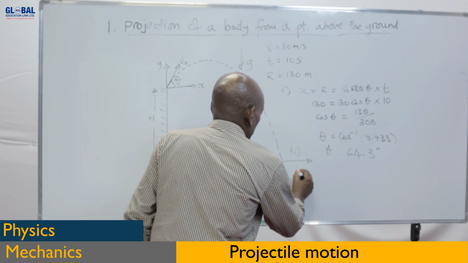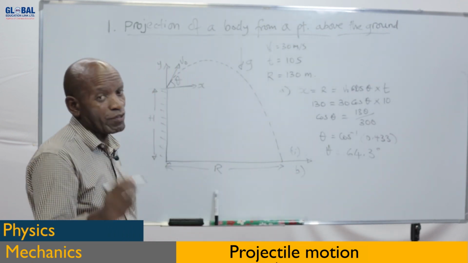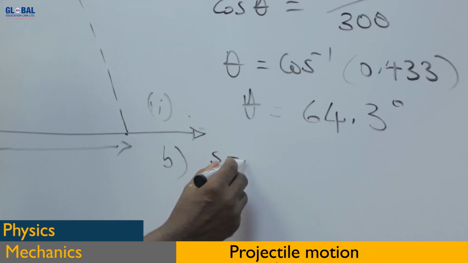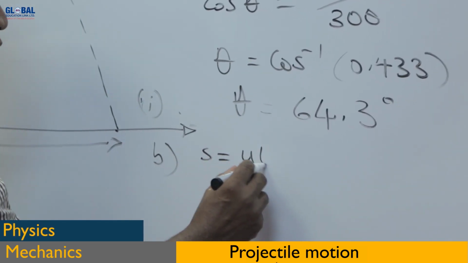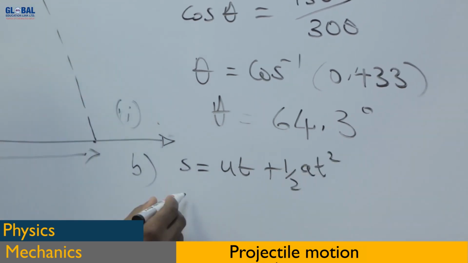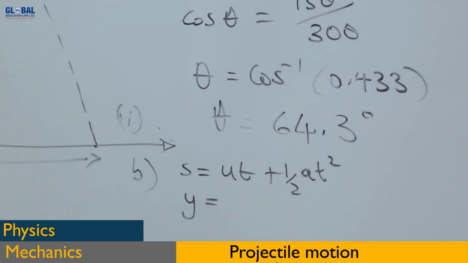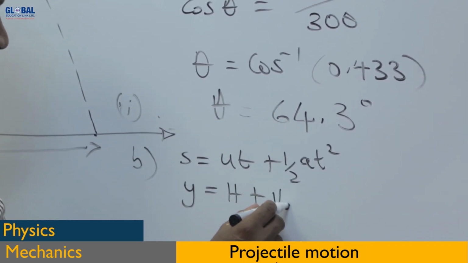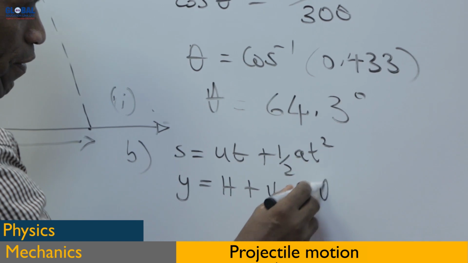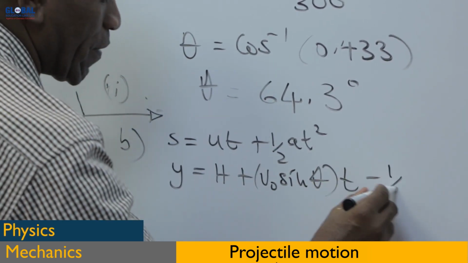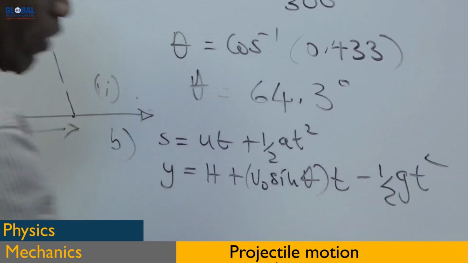So for part B, to determine the height of the building, we are using our normal equation, which begins from s is equal to ut plus a half at squared. So looking for y, this will be equal to h plus v naught sin theta times t minus a half gt squared.